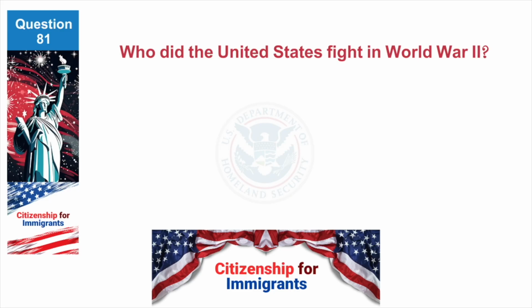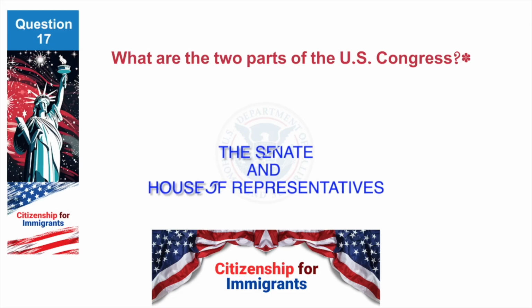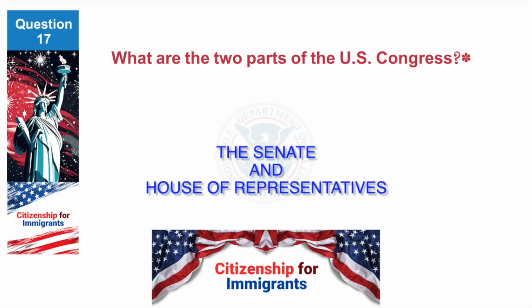Who did the United States fight in World War II? Japan, Germany, and Italy. What are the two parts of the U.S. Congress? The Senate and House of Representatives.